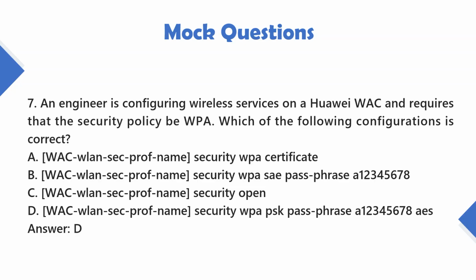B. WAC WLAN SEC profile name, security WPA say passphrase of 12345678. C. WAC WLAN SEC profile name, security open. D. WAC WLAN SEC profile name, security WPA-PSK passphrase A1234567 AES. Answer. D.